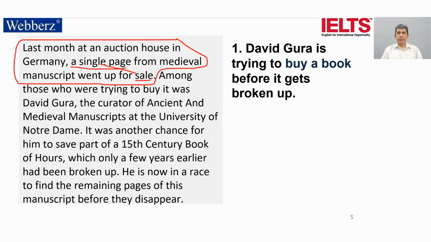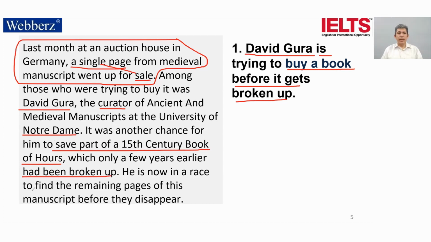So let's see this. David Gura is trying to buy a book before it gets broken up. Among those who were trying to buy it was David Gura, the curator of ancient and medieval manuscripts at the University of Notre Dame. It was another chance for him to save part of a 15th century book of hours, which only a few years earlier had been broken up.